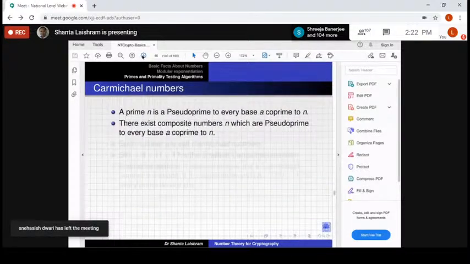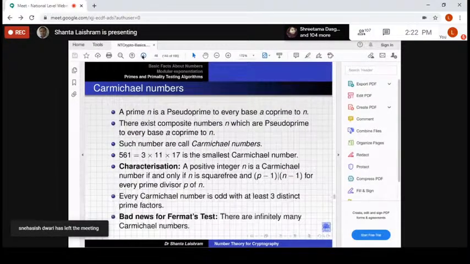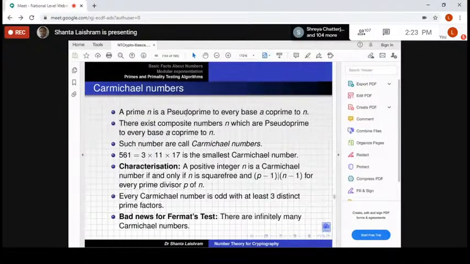Then there's this Carmichael number. So let me just tell you about Carmichael numbers. Recall the definition of pseudo prime. Pseudo prime means there's some a such that a to the power n-1 is congruent to 1 mod n. So if n is a prime, then it's a pseudo prime to every base co-prime to n.